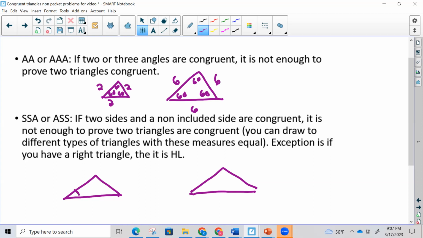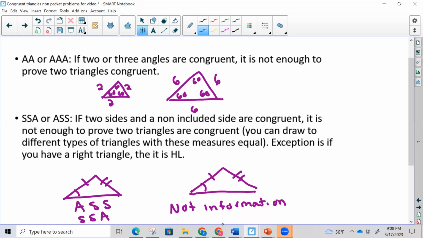So if I have an angle and 2 pairs of sides where that angle is not the included angle, so it's not the one in between the 2 pairs of corresponding sides, this is considered either angle-side-side or side-side-angle. And we would say not enough information or not congruent. We say that sometimes.